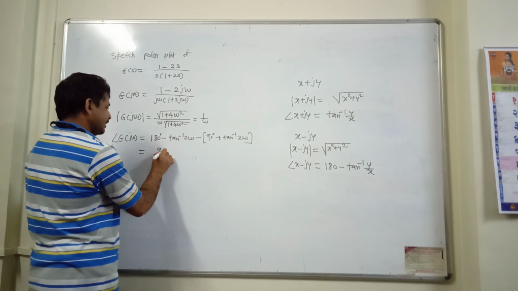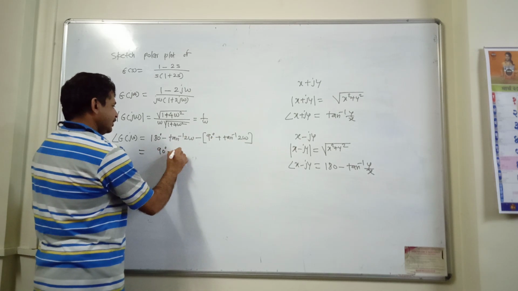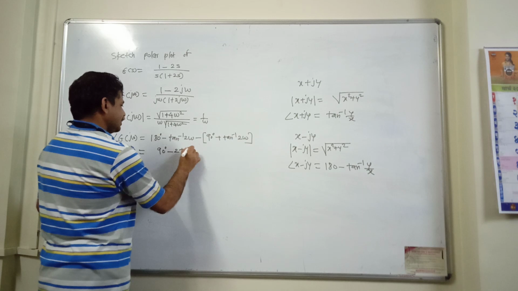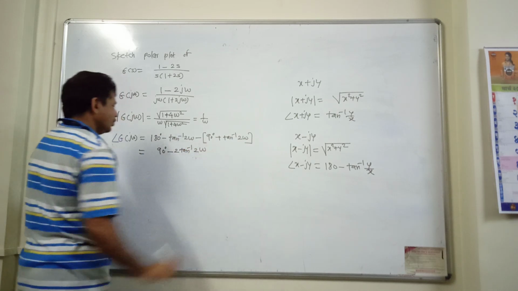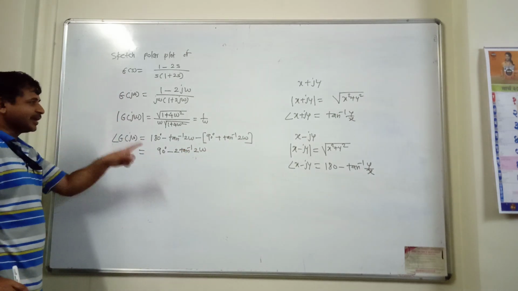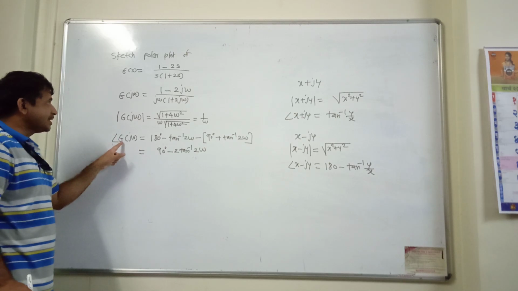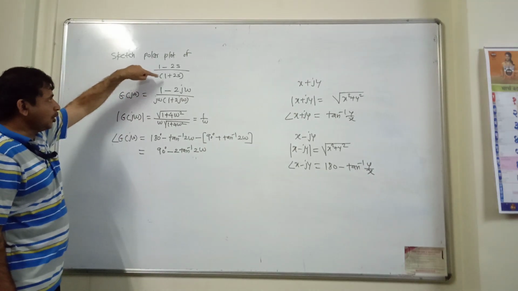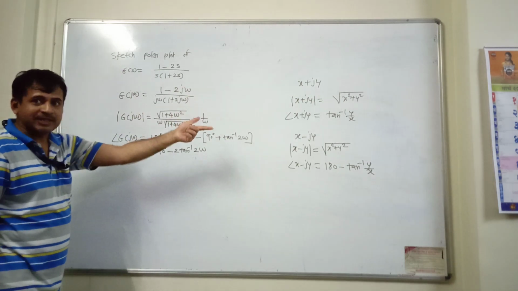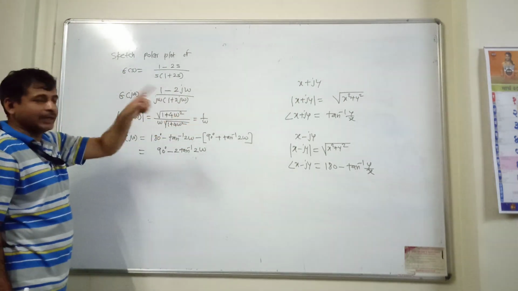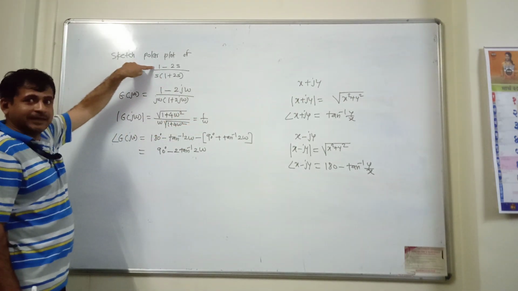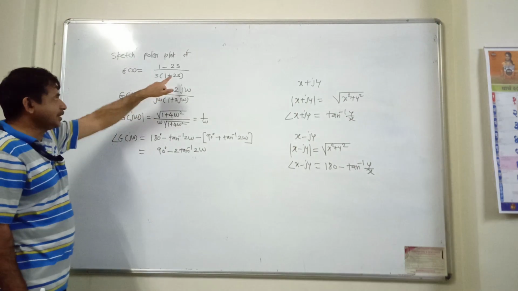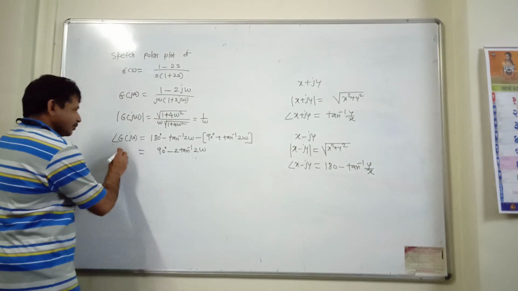So 180 minus 90 is 90 degrees minus 2 tan inverse 2 omega. So this is the phase. Be careful while finding the phase angle when there is either a zero or a pole in the right half of the S-plane. In this example we have taken a zero in the right half. In the next example we will take a pole in the right half.